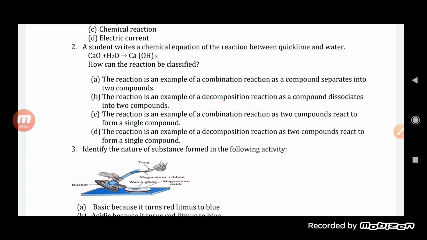This is the actual definition of a combination reaction, where two or more reactants combine together to form a single product. Okay, this is the answer.